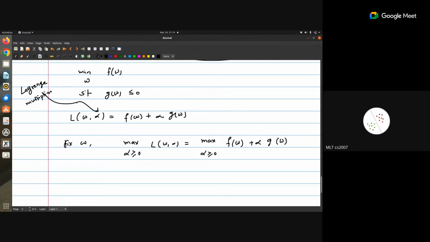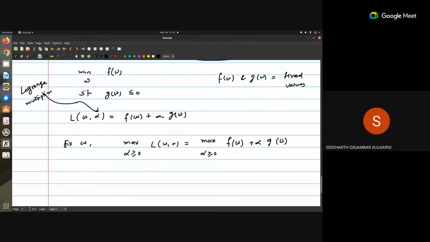What can you say now? I have already fixed the w. Can I say that f of w and g of w will be some fixed values? This will be infinity, right, sir? Which one? This max over alpha greater than or equal to 0 of f of w plus alpha g of w. But will that be infinity for every g of w?